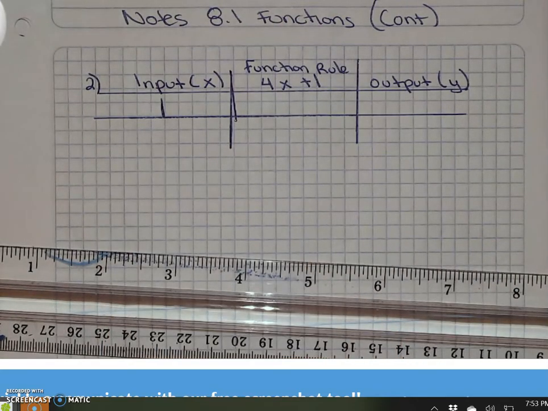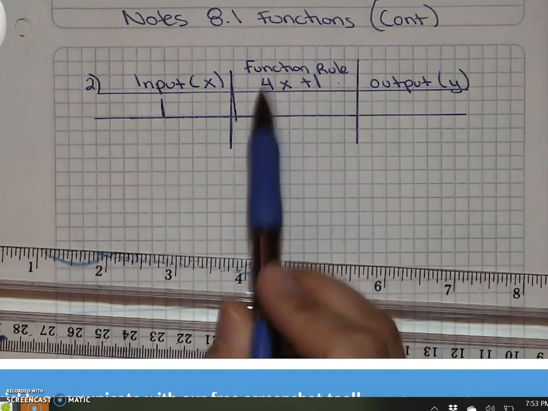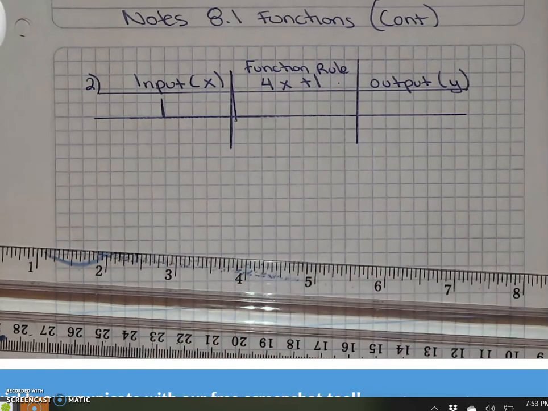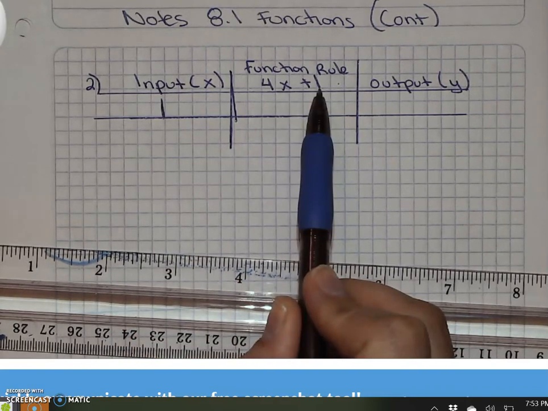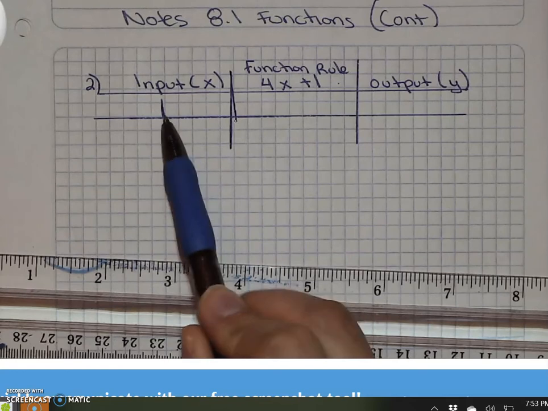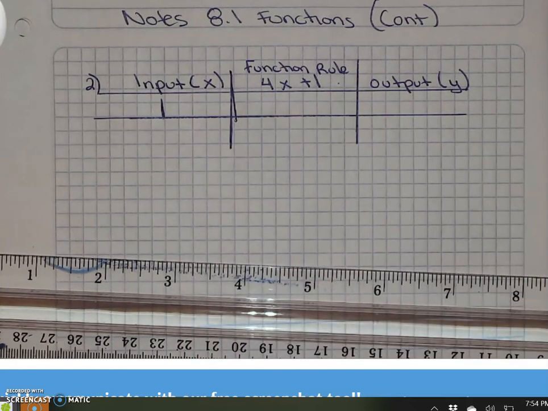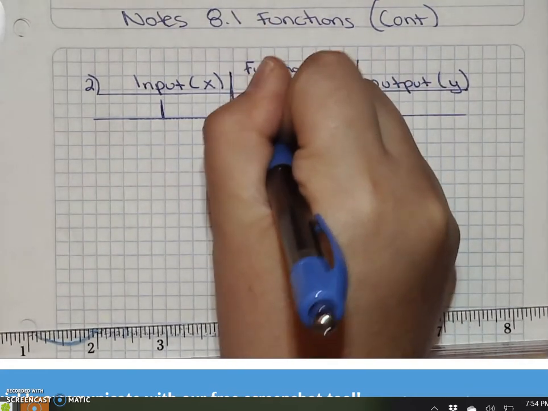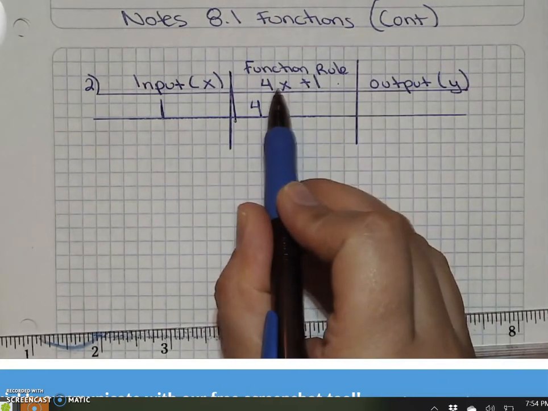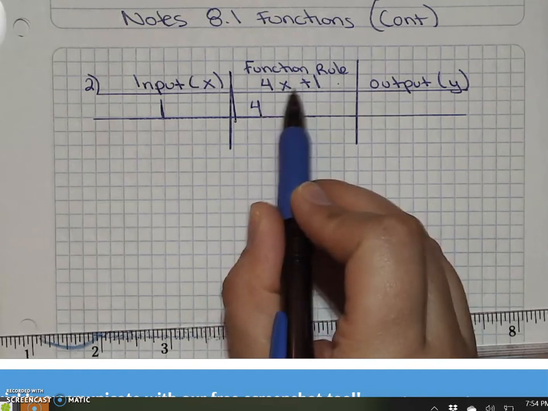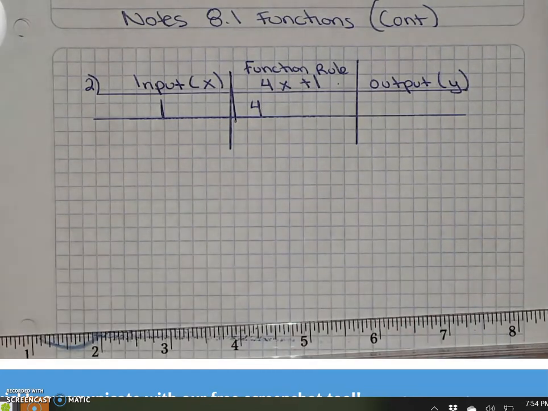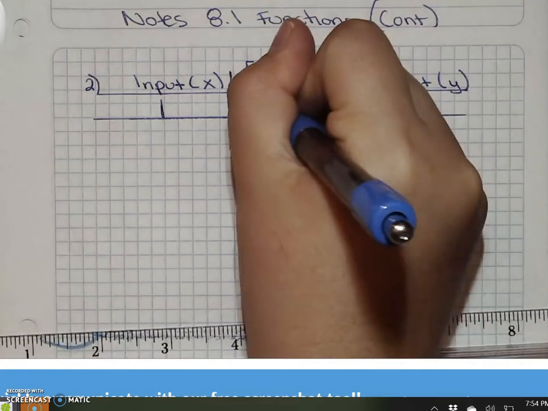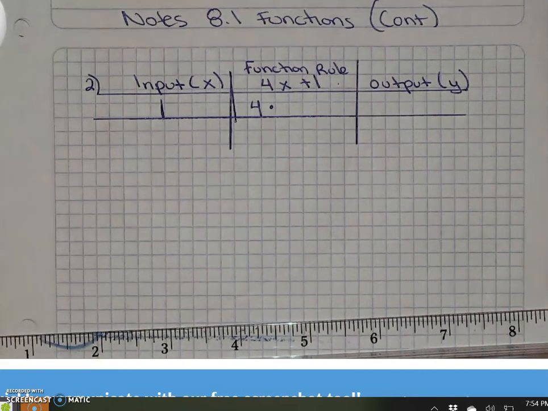So think of the function rule, this one here in the middle, as a machine. If you have this 1 and your function rule, you're going to substitute 1 for x. In this function rule, I have 4, and if you remember, if you have a number and a variable together, you're actually multiplying. So right here, I'm going to put my little dot saying we need to multiply.